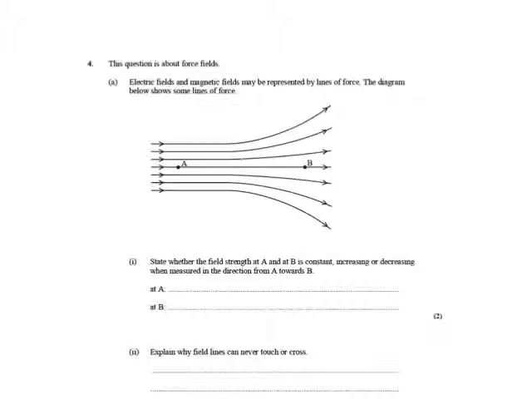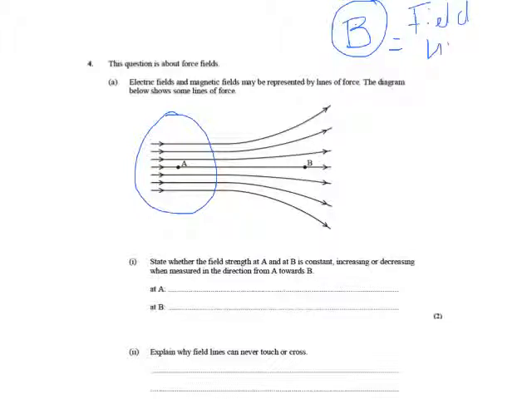Okay, here all you have to do is look at the field lines. Now you know that the field strength, B, is represented by the field line density. If the lines are close together, they're strong.